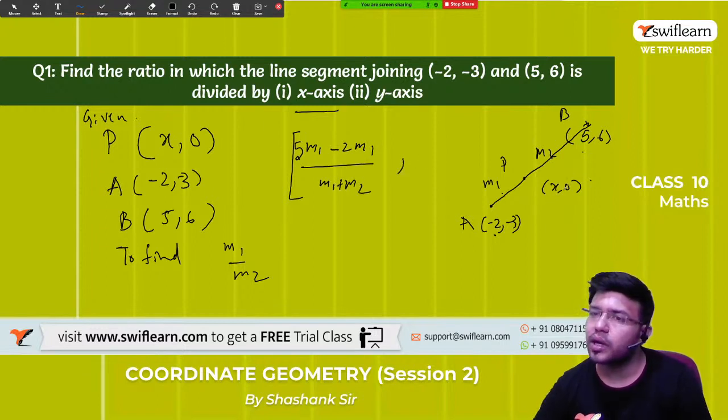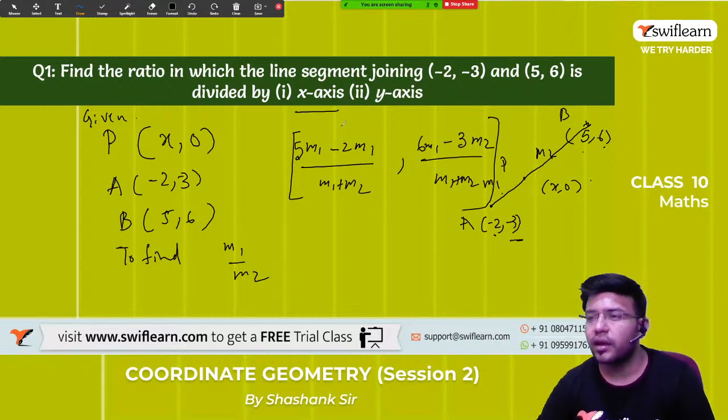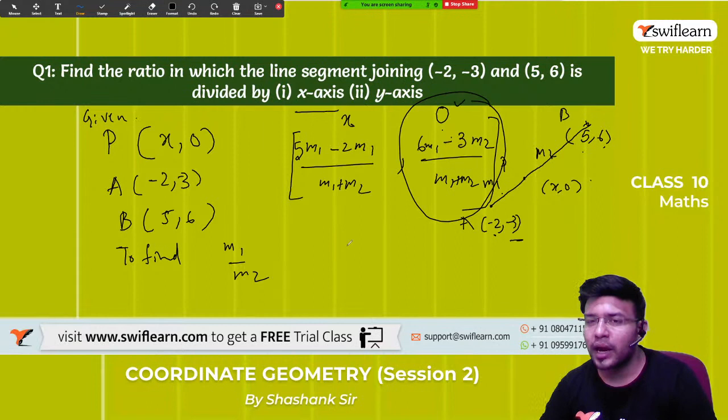This is the x and y coordinate of the point. The x coordinate we don't know, but the y coordinate is 0 on the x-axis. So use this and find the value of m1 by m2.